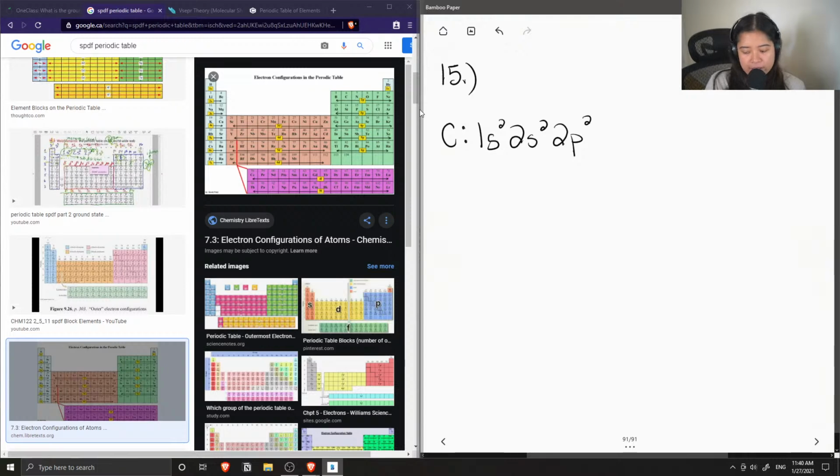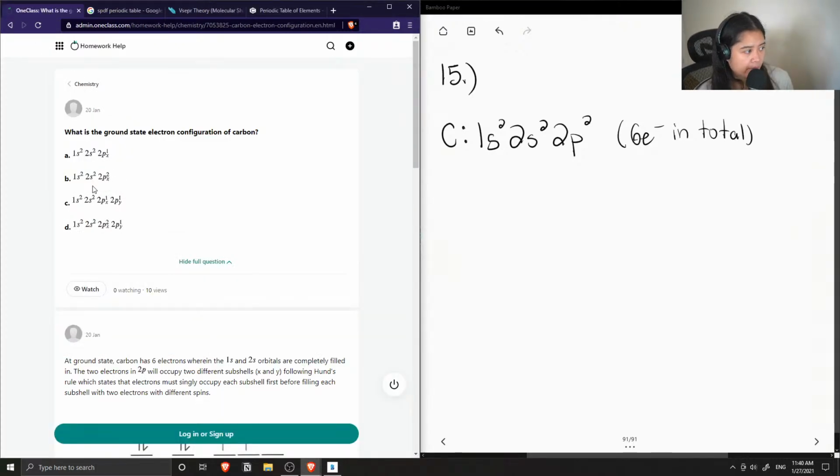So we should have 6 electrons in total, since a neutral carbon atom contains 6 protons and also 6 electrons. But if we look at the options that are given in our multiple choice, you see they want us to specify all of the suborbitals or the subshells that are in 2p.